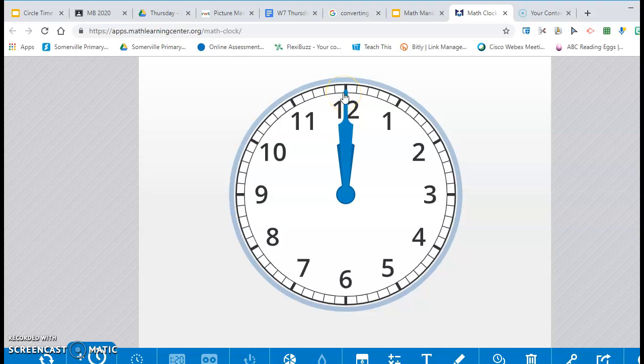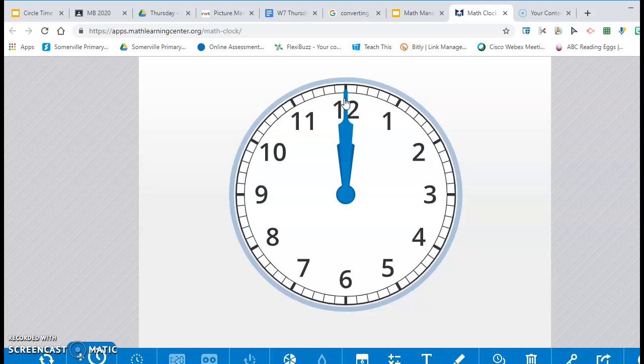So we know that the clock is counting in fives, so we can skip count by fives. 5, 10, 15, 20, 25, 30, 35, 40, 45, 50, 55, 60. So we know that there is 60 minutes in one whole hour. Our clock is made up of 60 minutes.